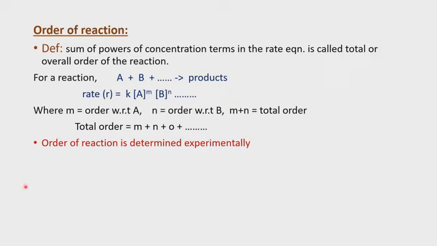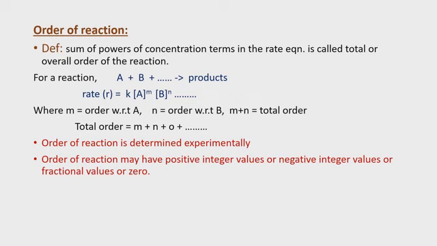Order of a reaction is determined experimentally. We cannot determine the order theoretically. So if I give any reaction, you cannot decide the order of the reaction. Okay. Next point.